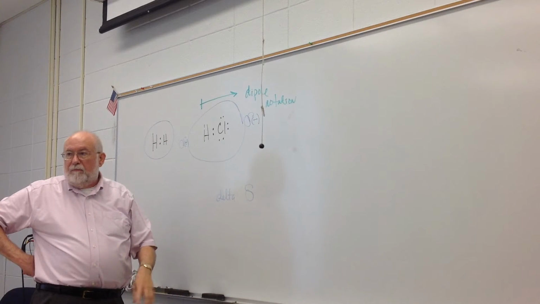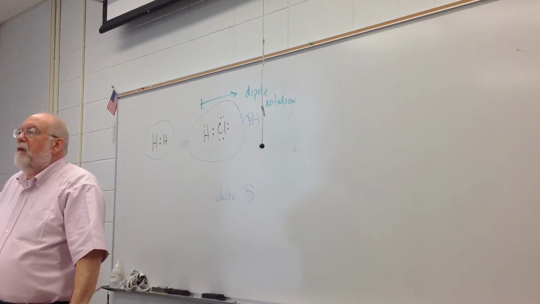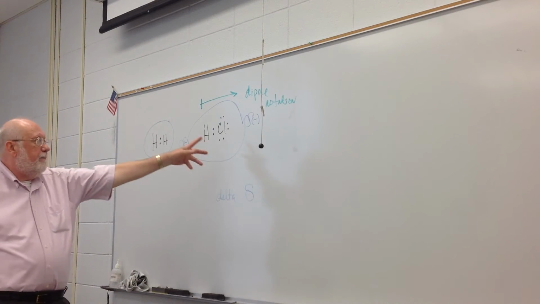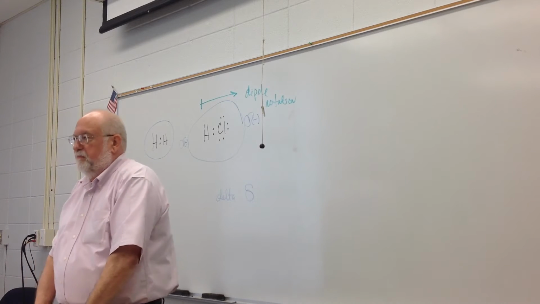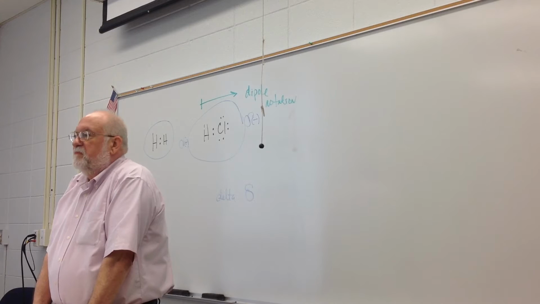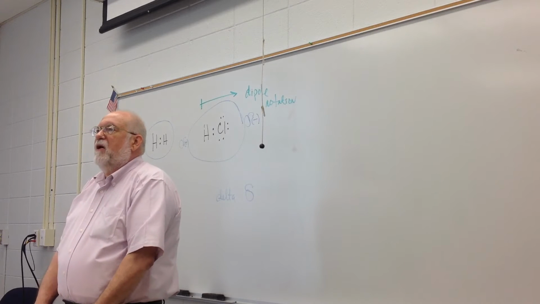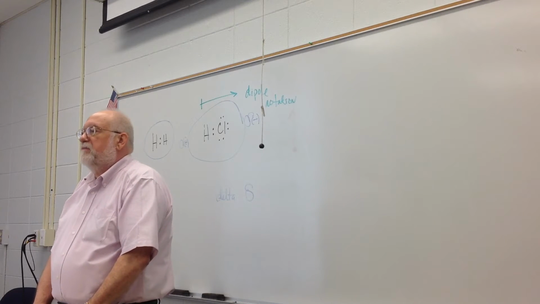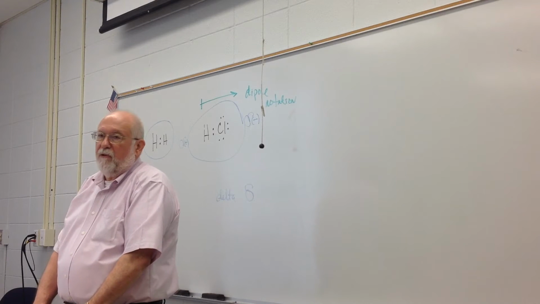So now, if we have a two-atom molecule, like we have up here on the board, what is their shape? What is the shape of a two-atom molecule? Linear. All right, so if it's made up of two atoms of the same element, is it polar or nonpolar?